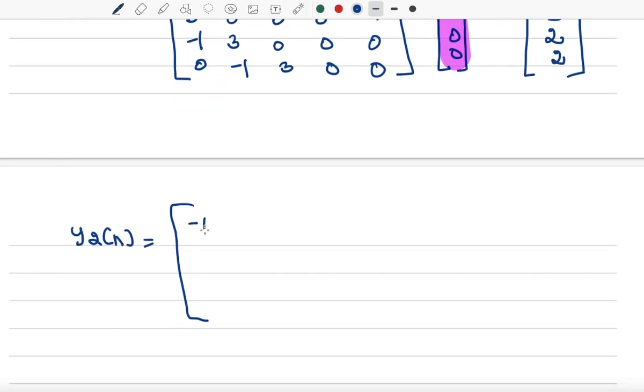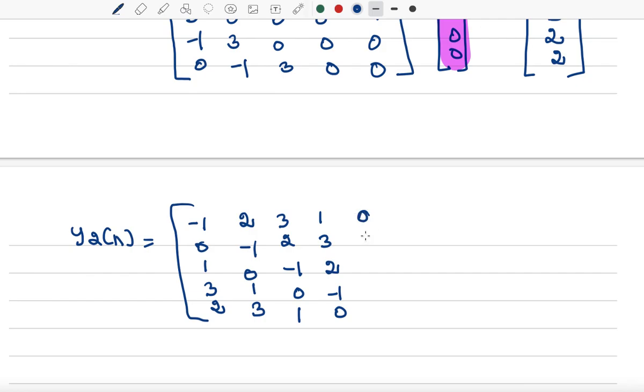Again shifting, minus 1, 0, 1, 3. Then 3, 2, minus 1, 0, 1. Then 1, 3, 2, minus 1, 0. Again shifting, 0, 1, 3, 2, minus 1.